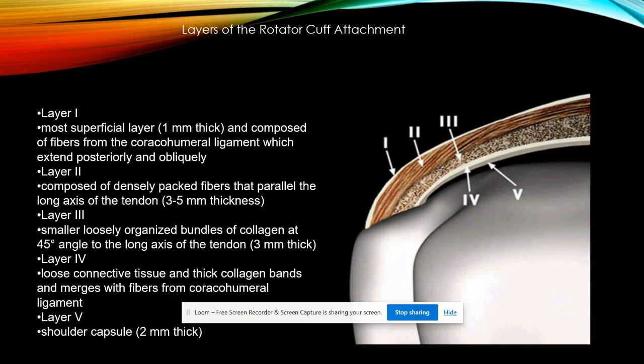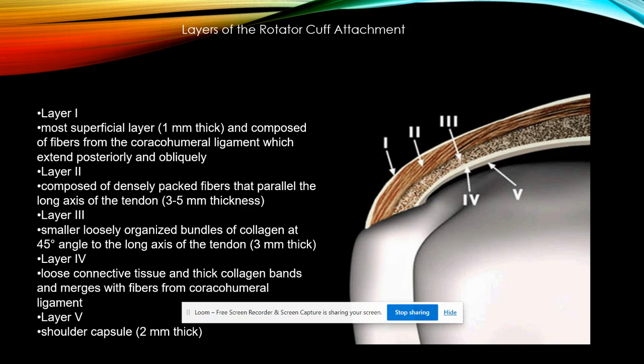If you remember, we went over the histologic layers of the rotator cuff, going from layer 1 to layer 5. The thinnest histologic layers lie on layer 1, which is the bursal side of the tendon, and layer 5, which is the articular side of the tendon.